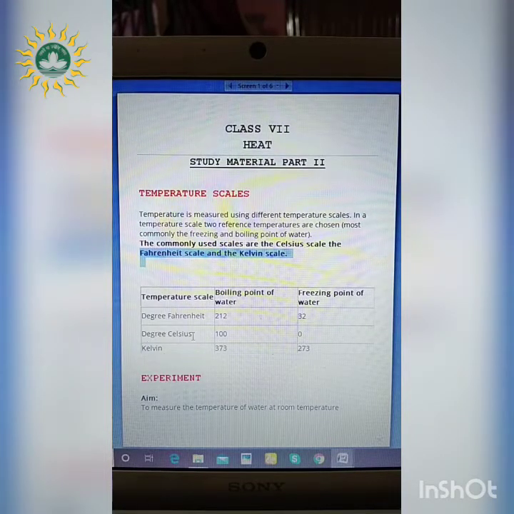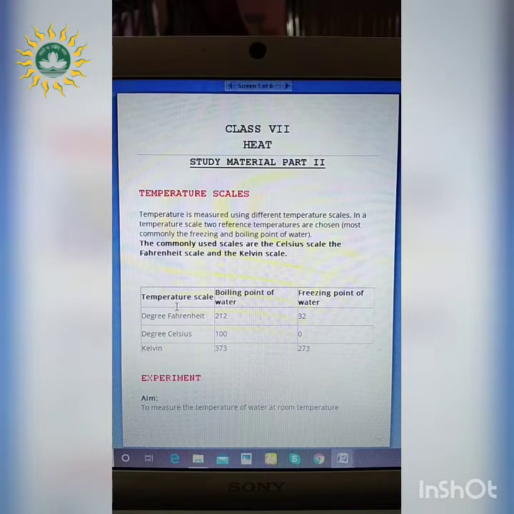Degree Celsius, which is also called centigrade scale, has a boiling point of 100 degrees Celsius and a freezing point of 0 degree Celsius. And the Kelvin scale, which is also called the absolute scale, has a boiling point of 373 K and a freezing point of 273 K.